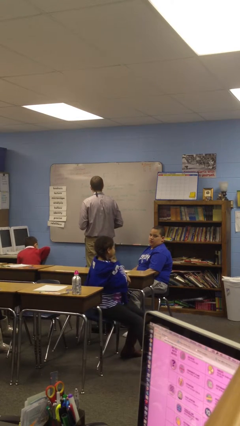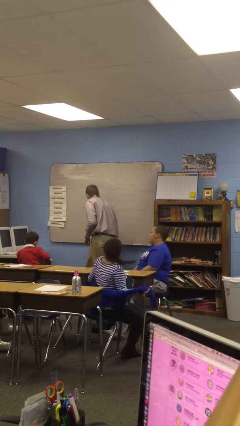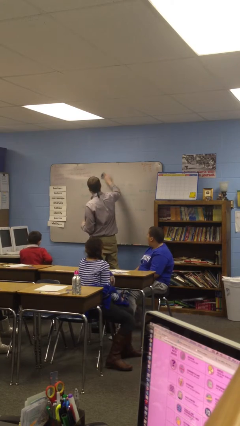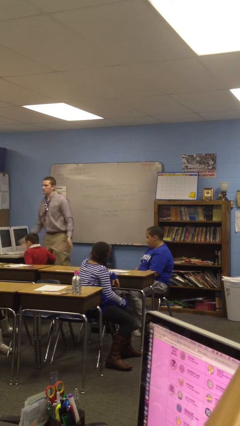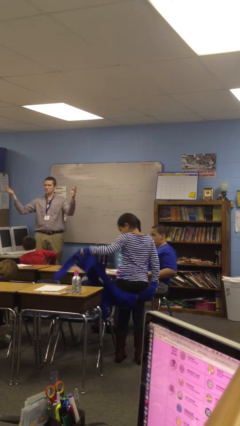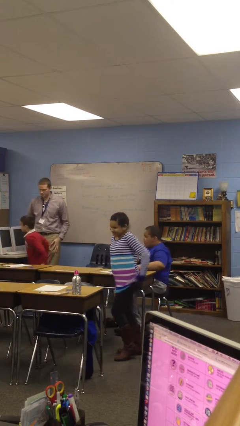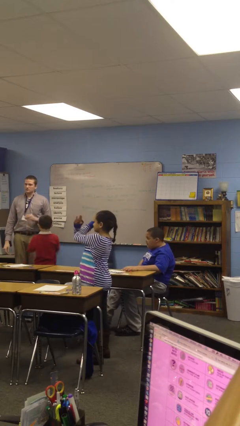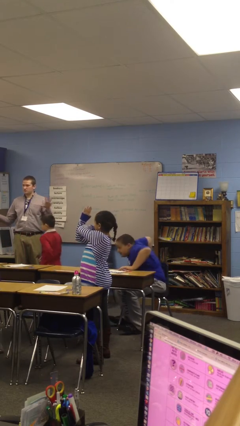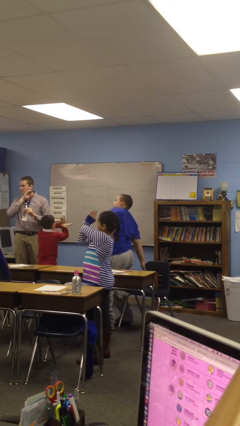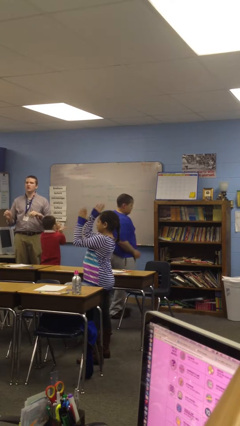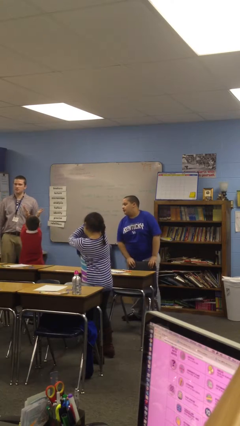Okay, now what I want everyone to do, here's your definitions. We've seen some examples. Let's stand up and make our arms into these different types of lines to help us remember. Stay in your own personal space, that's just outside your desk. There's no reason to move around. What can we do for intersecting lines?